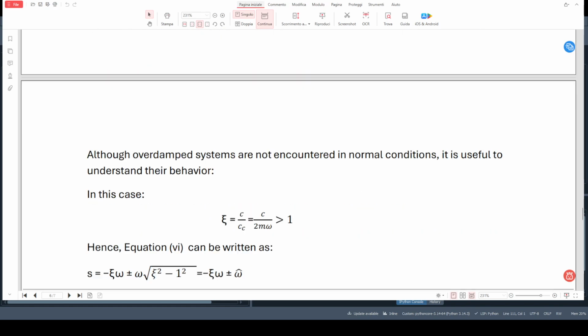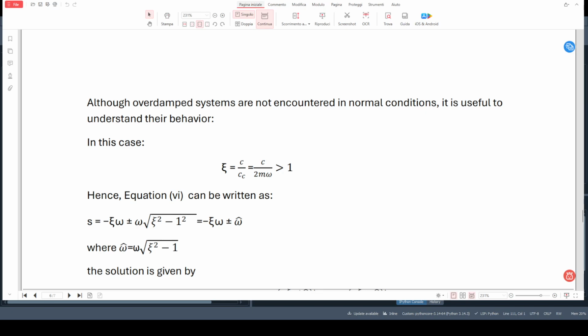For the overdamped system, the condition is that the ratio Xi, the damping coefficient C divided by the critical damping coefficient, must be bigger than 1.